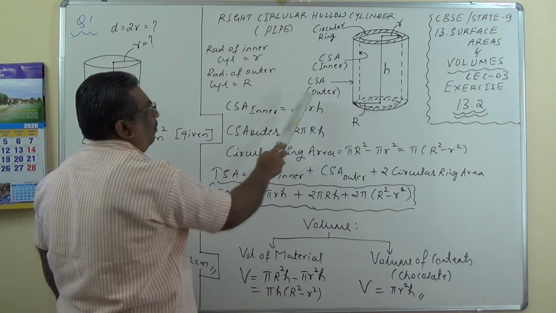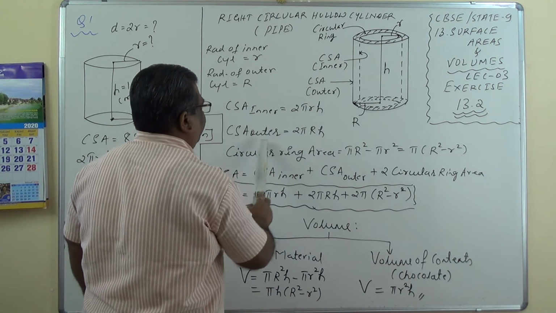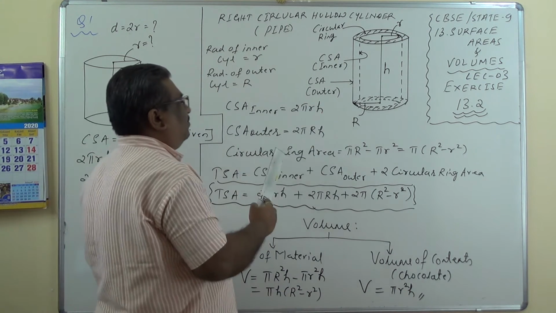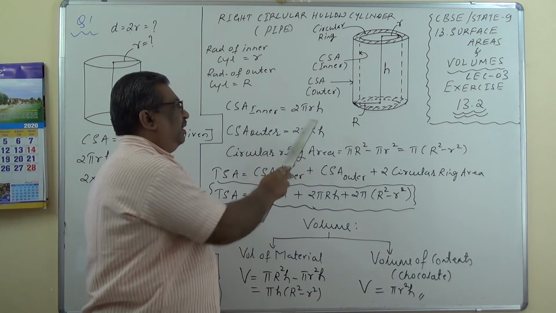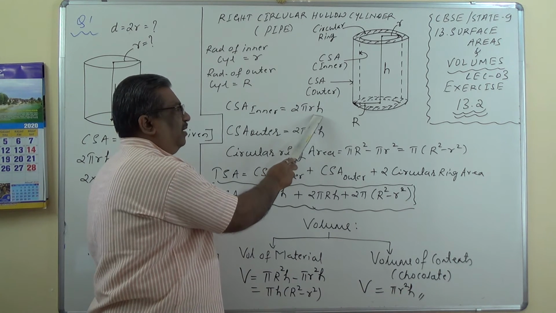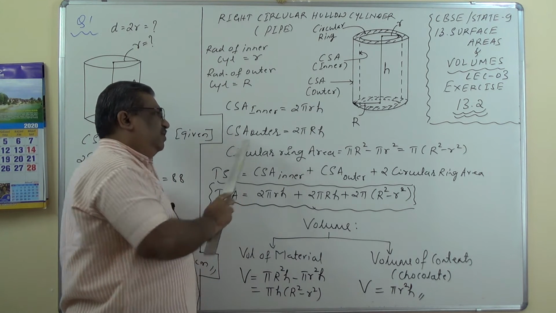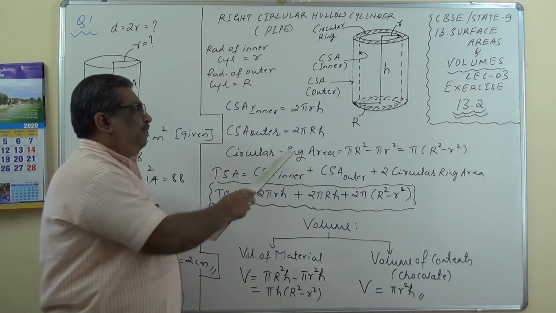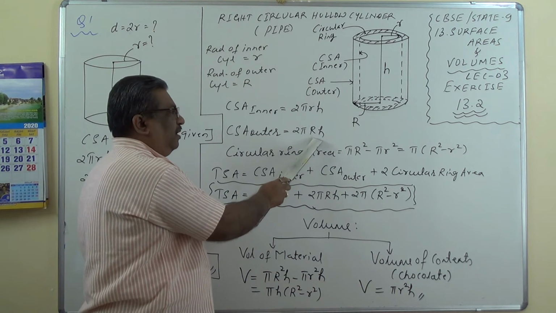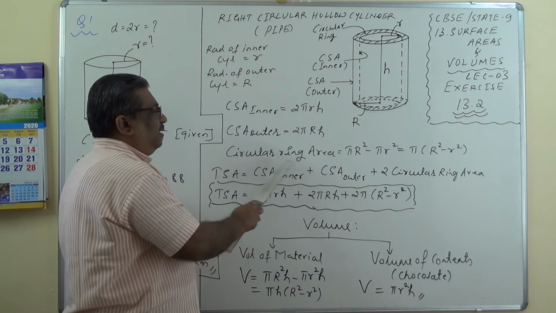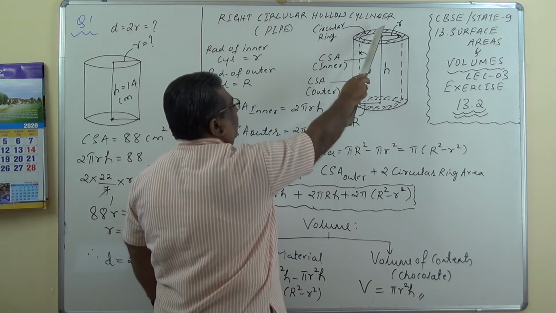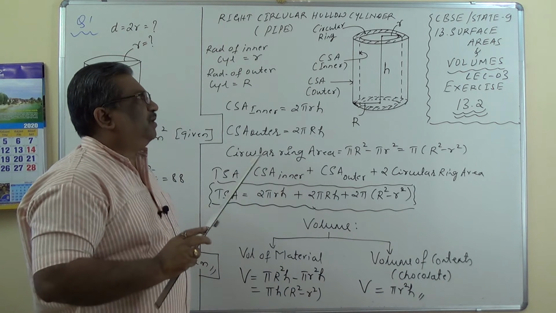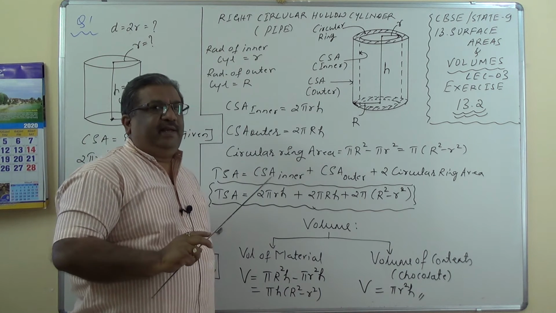CSA inner, that is curved surface area of inner curved surface area, is equal to inner circumference into height, that is 2 pi small r into h. CSA outer is equal to outer circumference into height, that is 2 pi capital R into h. Circular ring area, here the top circular ring area and bottom circular ring area both are identical, and hence the area is same.